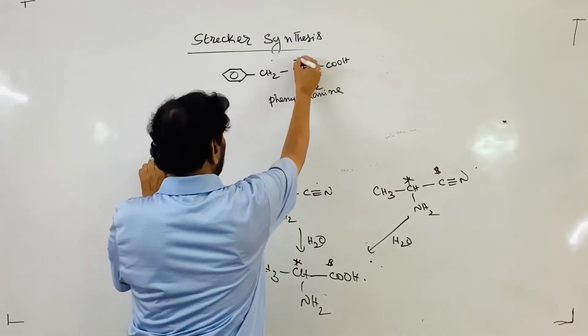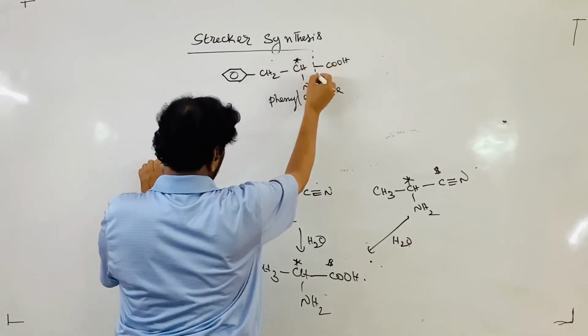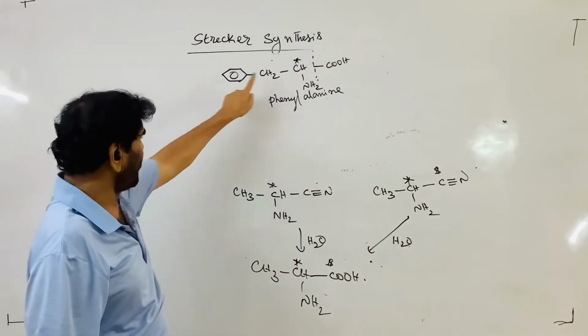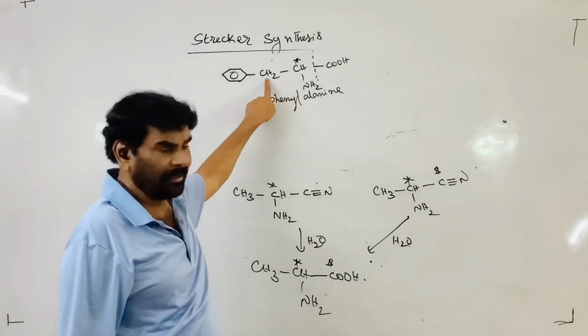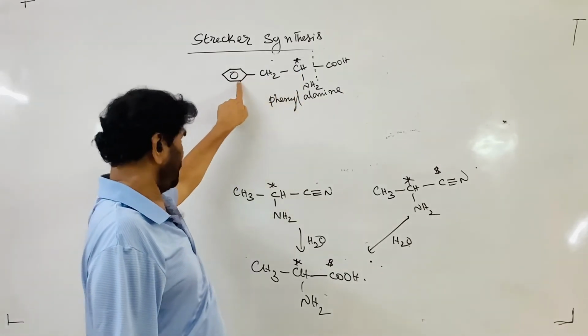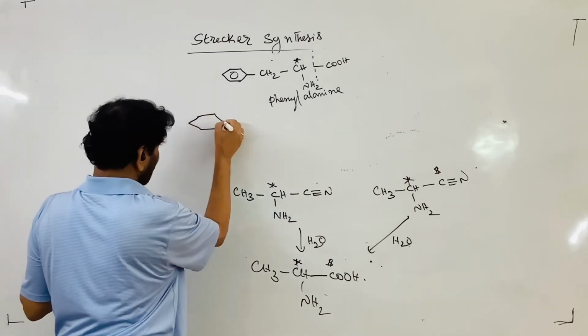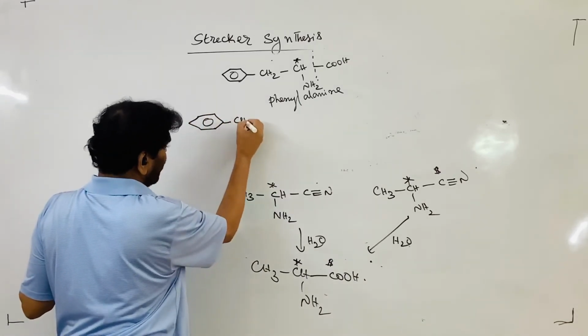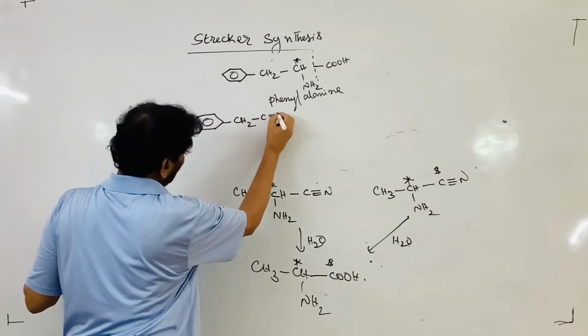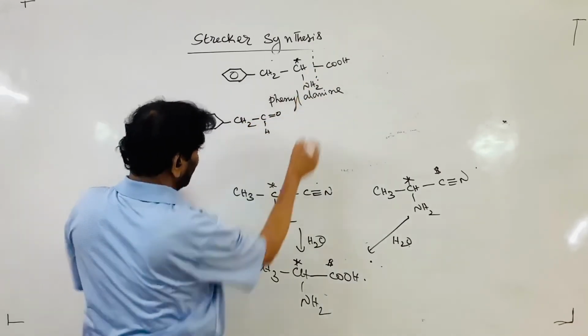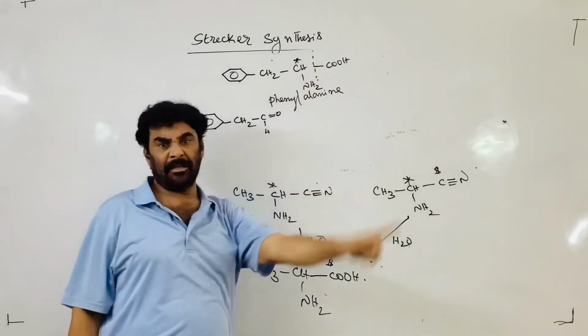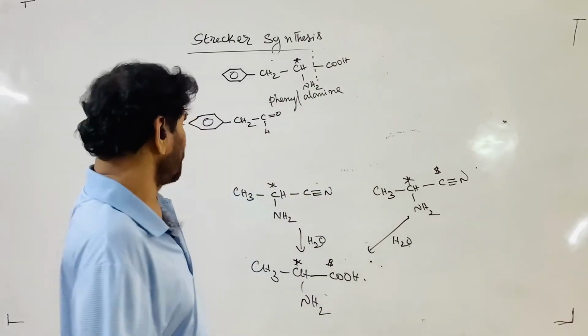This should be the aldehyde carbon. So this should be your carbonyl compound. 2-phenyl acetaldehyde is required. 2-phenyl acetaldehyde should be the starting material. This is from the cyanide of the ammonium cyanide.